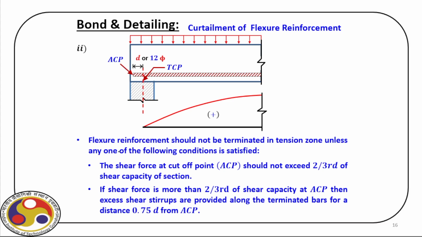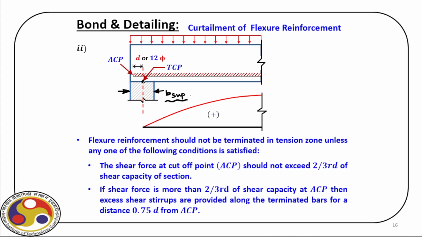Now, in case of a simply supported beam, as you can see here, if the support width is B, then we define the support point at the center line of this support. So this is the point where we have the simple support. Obviously, at this point, the bending moment will be 0.